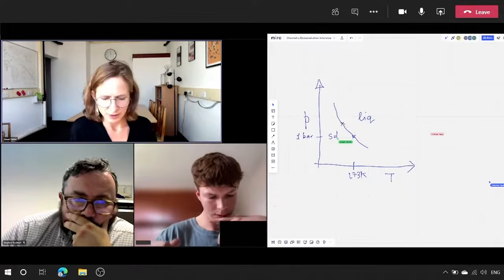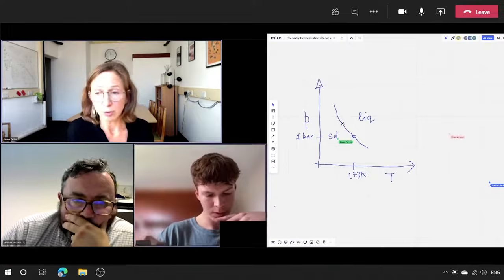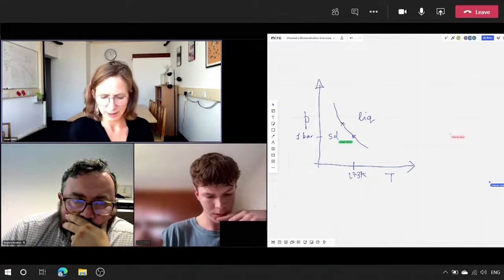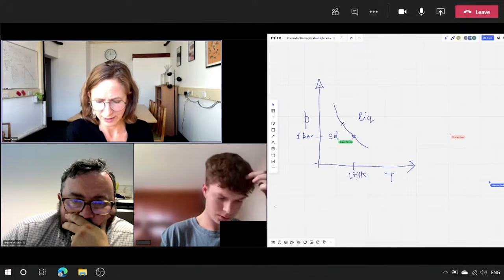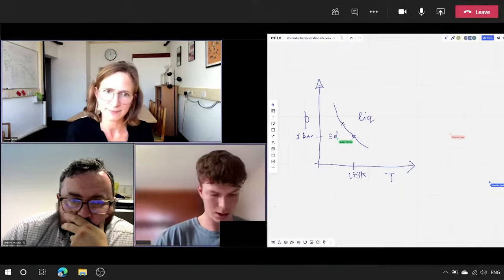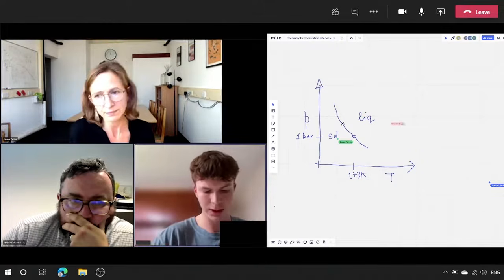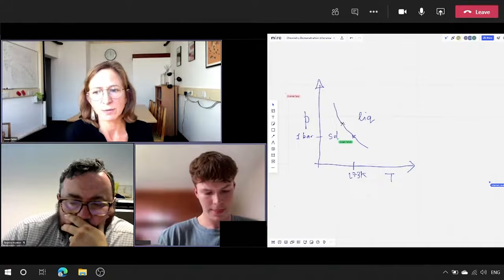So from this diagram, or from your knowledge, do you know which is more dense, liquid water or solid ice? I think solid ice is more dense. What makes you say that?